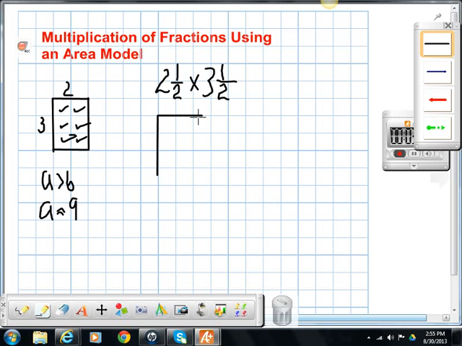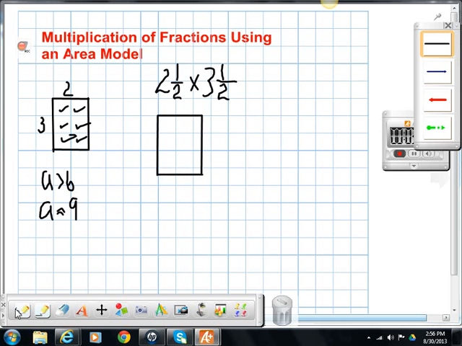Now we're going to take our opposite side as close as we can to the other side. And I can see that that area is going to be bigger than 6, as I guessed.